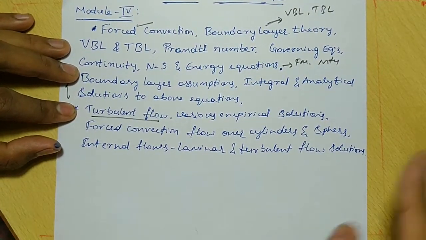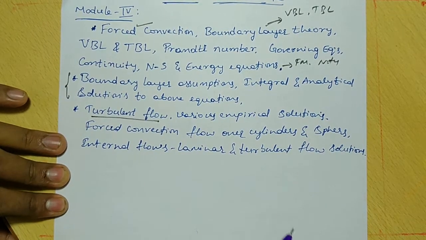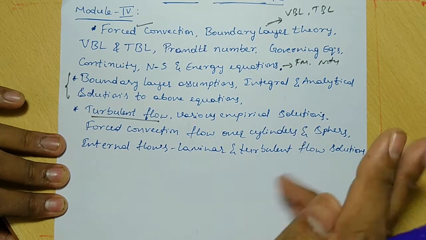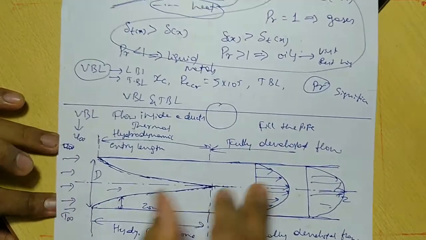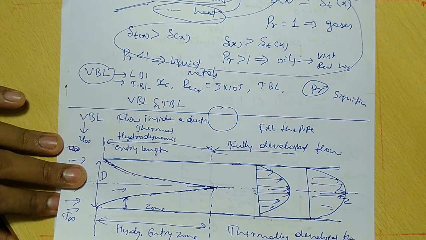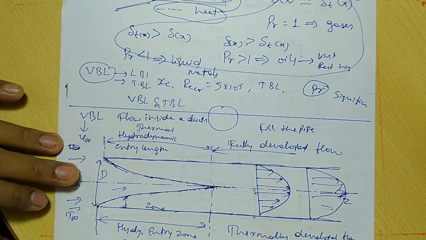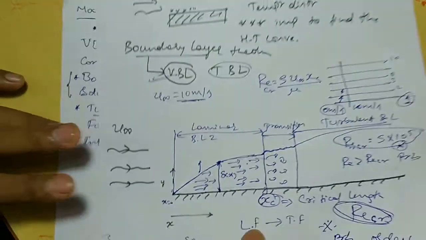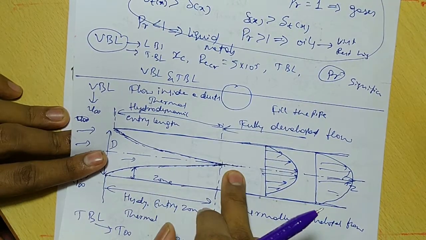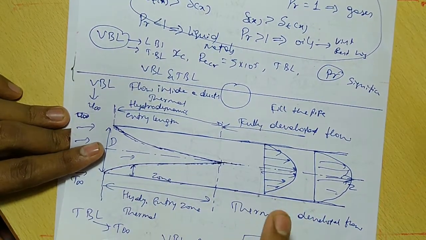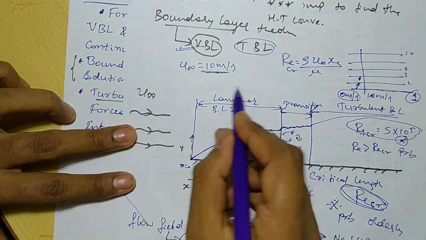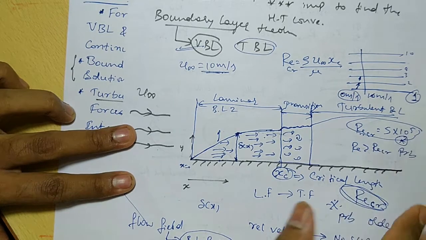In the next video, we are discussing the various empirical solutions. In this first video lecture, we understand that there are two conditions. One is flow over the surfaces and another is flow inside the duct. In each condition, there are different zones, that is laminar and turbulent.